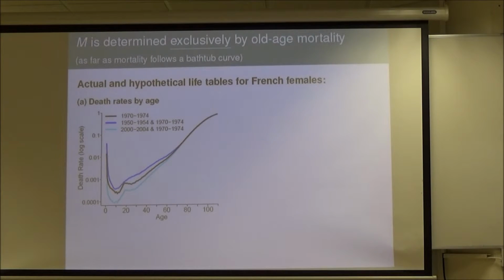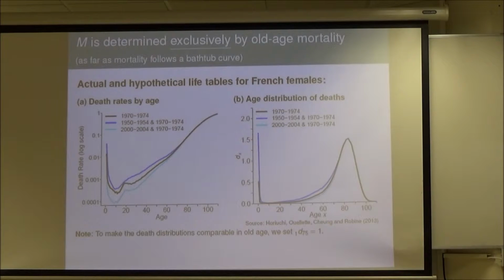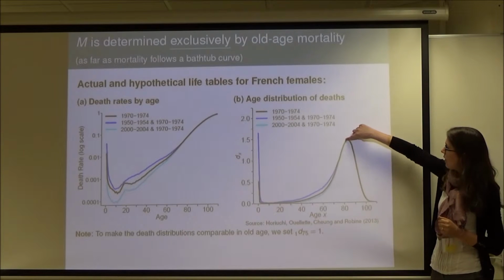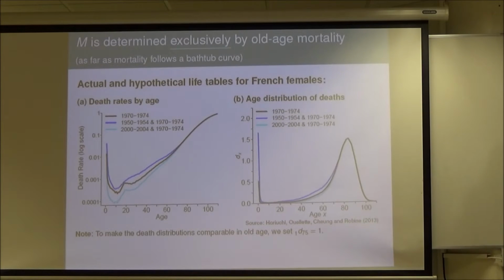The death distribution that corresponds to these three mortality schedules are given here on the right-hand side. And note, just to make these comparisons easier, we forced the number of deaths between age 75 and 76 to be equal to 1 in all three life tables.